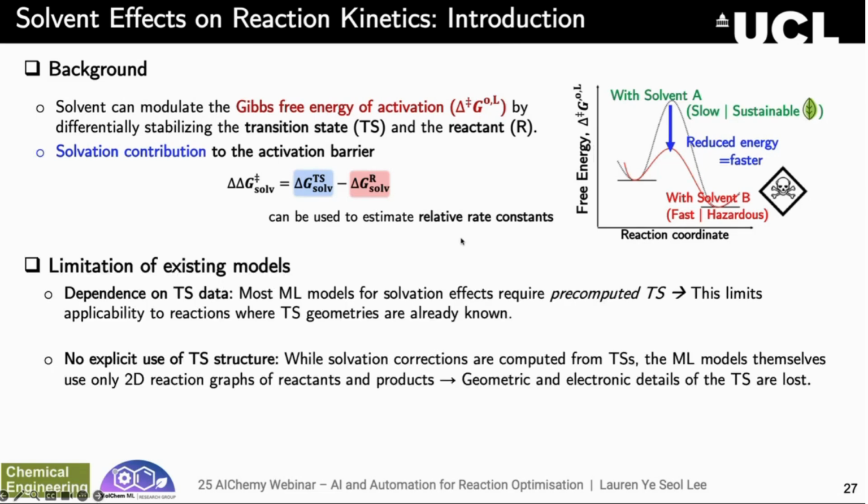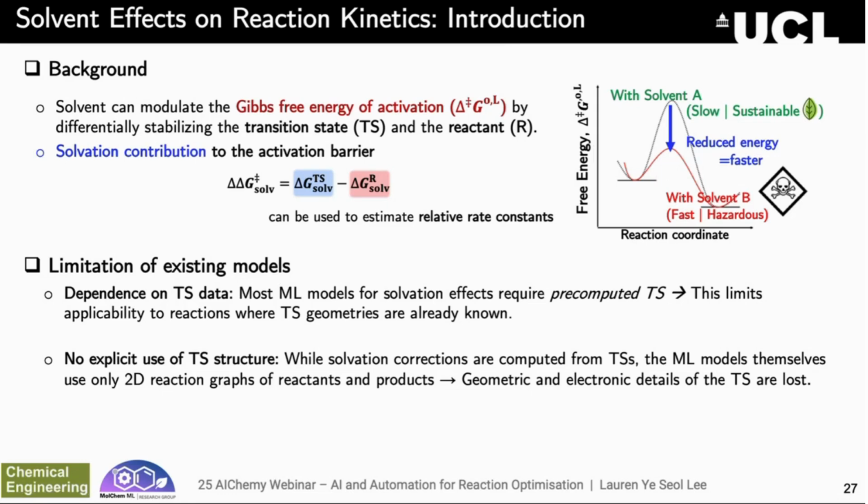So to address the high computational cost of calculating this quantity, usually to calculate this delta G, you need DFT-level calculations. And to avoid this computational cost, machine learning models have gained increasing attention these days. But current models still face two major limitations. First, most require a pre-computed transition state structure for training.